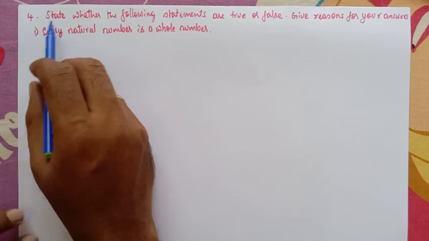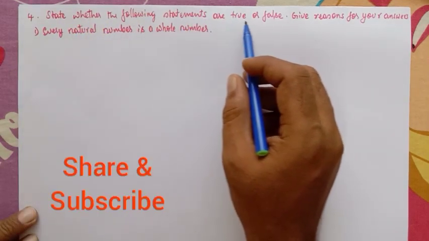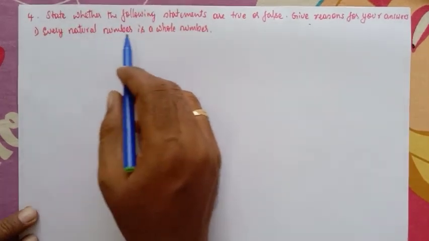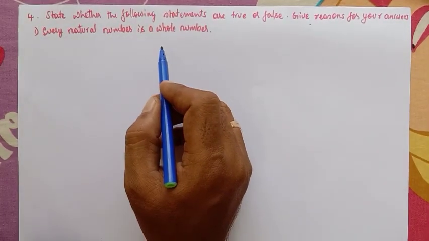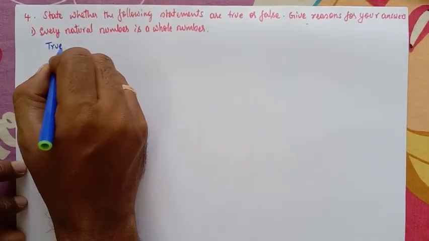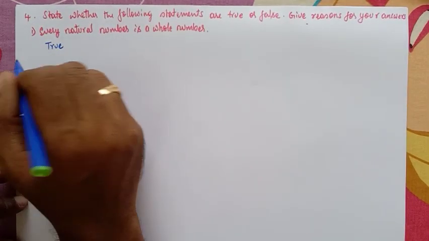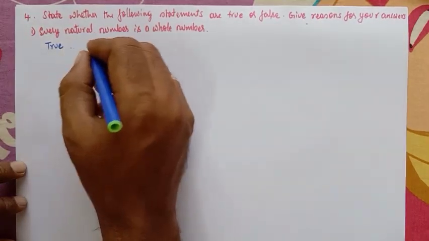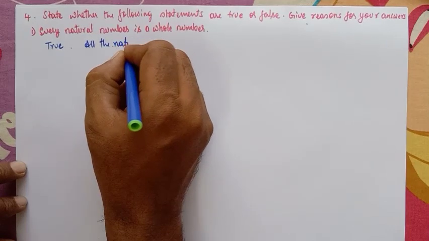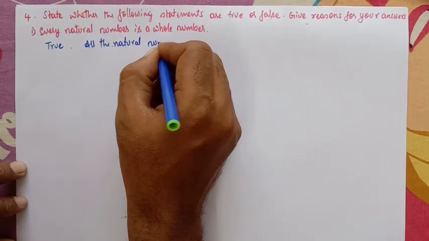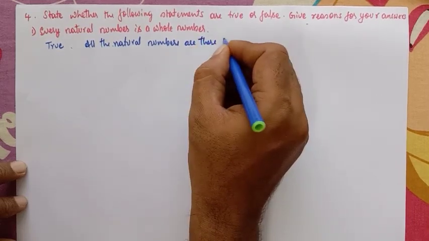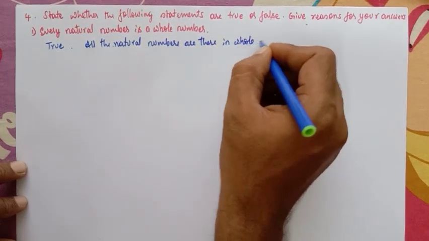Fourth one, state whether the following statements are true or false. Give reason for your answer. Every natural number is a whole number. It's true. Why? All the natural numbers are there in the whole numbers.